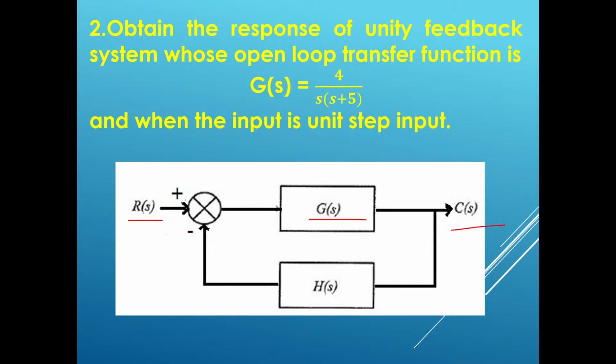Forward path gain is G of S and feedback gain is H of S. In the question itself, they have clearly mentioned it is a unity feedback system. That means H of S is equal to 1. G of S is given: G of S is equal to 4 divided by S into S plus 5.